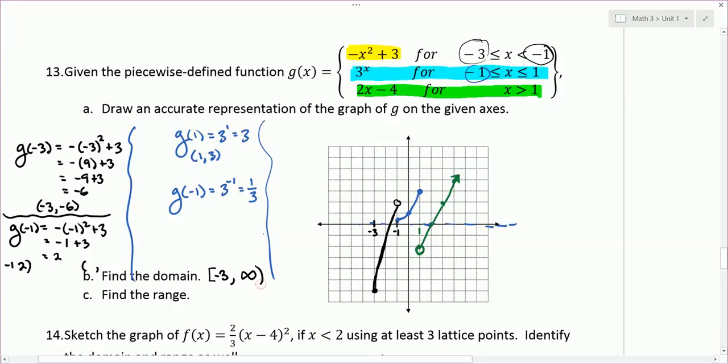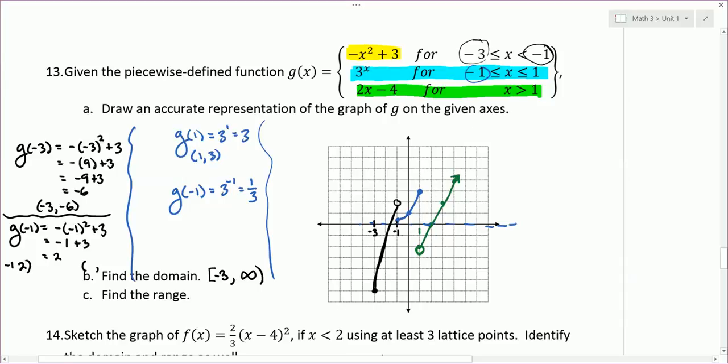Before we feel good about this interval, let's make sure there's no gaps in between, because if there are, we're going to have to split up this interval. There's a break in the graph at negative 1, but negative 1 is represented because there's a solid blue dot there. There's also a break in the graph or discontinuity at 1, but again, there's a solid blue point represented, and so there's no gaps in our domain.